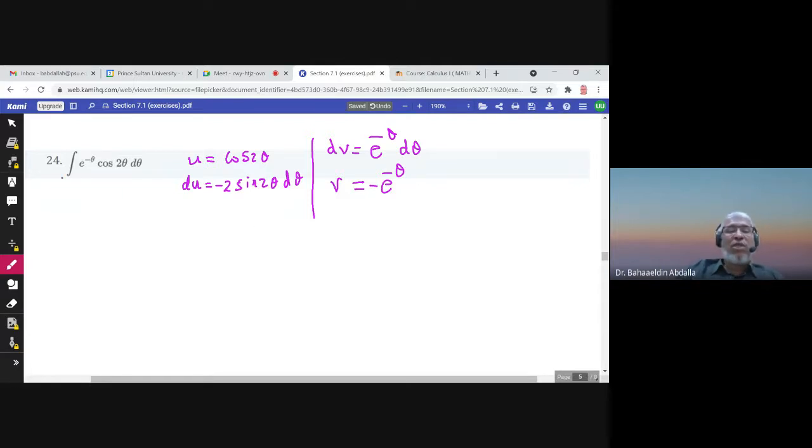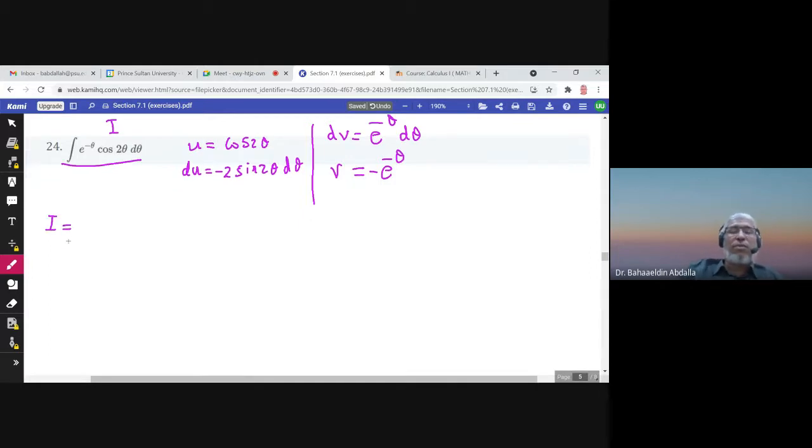So this integral I is equal to uv, so negative e to the power negative theta cosine 2 theta minus integral v du.